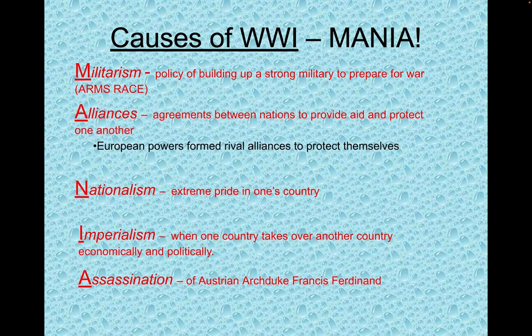Then we have imperialism. This is when one country takes over another country economically and politically. Remember from last week, the reason why the United States wanted an empire is because in order to be a power on the world stage, for the people on the world stage to look at your country as if it's a major power, that power needs to be an imperial one, right?